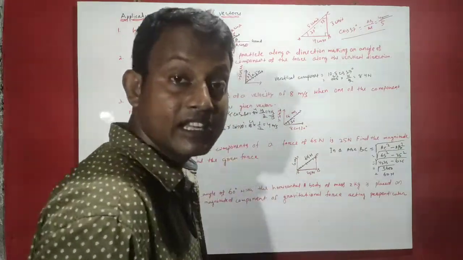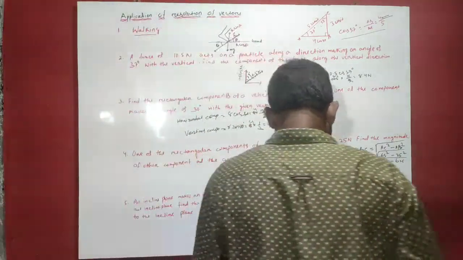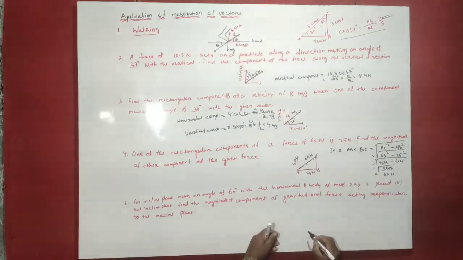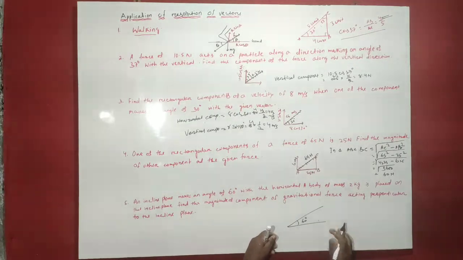Let me make the diagram. This is the inclined plane, making an angle of 60 degrees with the horizontal. This is the horizontal. A body of 2 kg is placed on it.